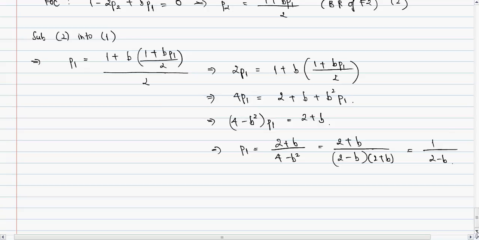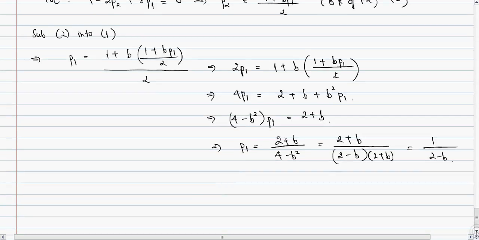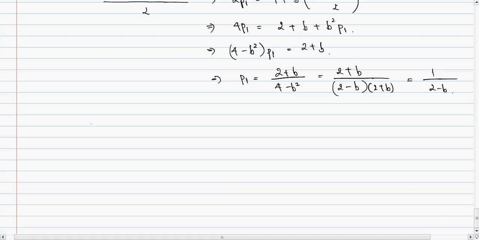So that is the quantity, so that is the price chosen by the first firm. So using the second equation, you will be able to derive the price chosen by the second firm.